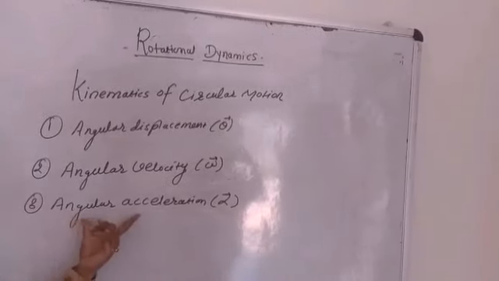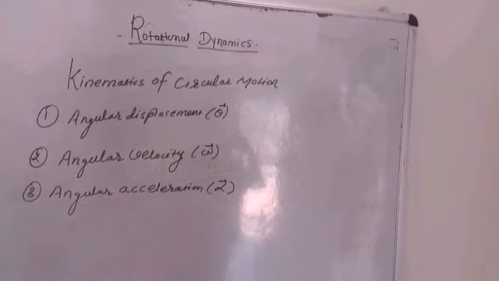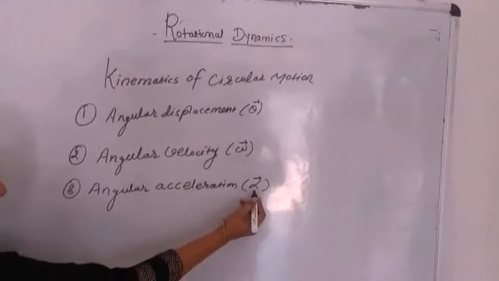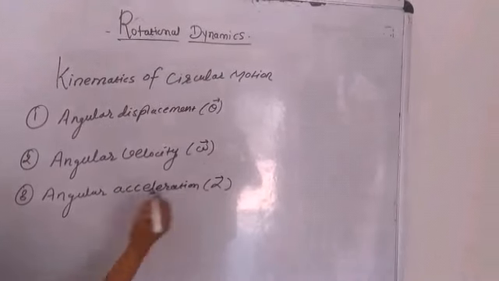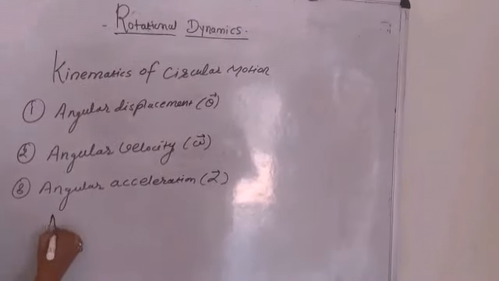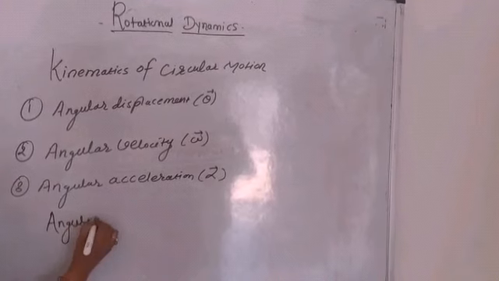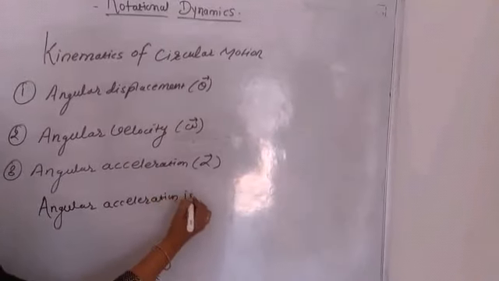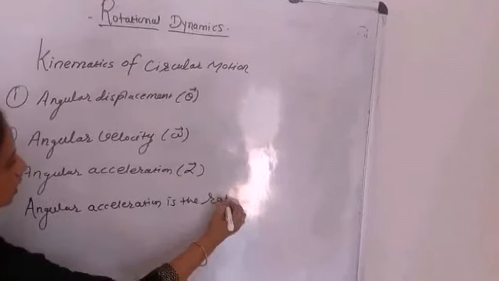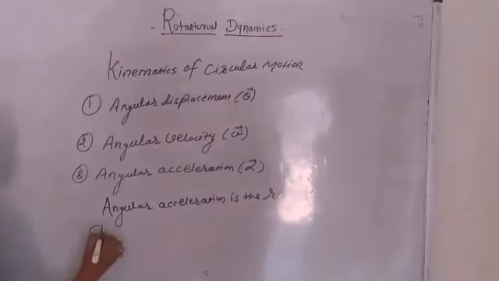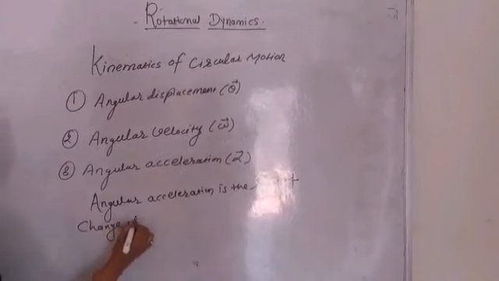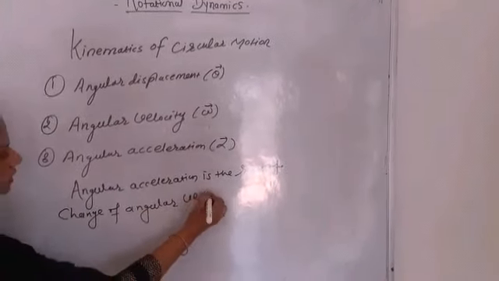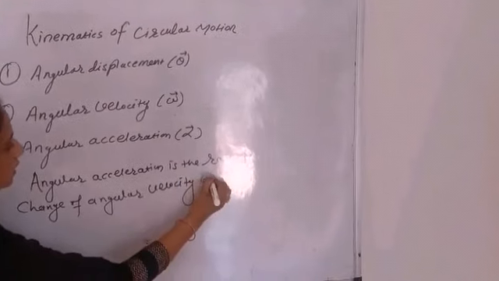We will see the angular acceleration. Angular acceleration is represented by alpha here. Alpha is the Greek alphabet. Angular acceleration is the rate of change of angular velocity with time.